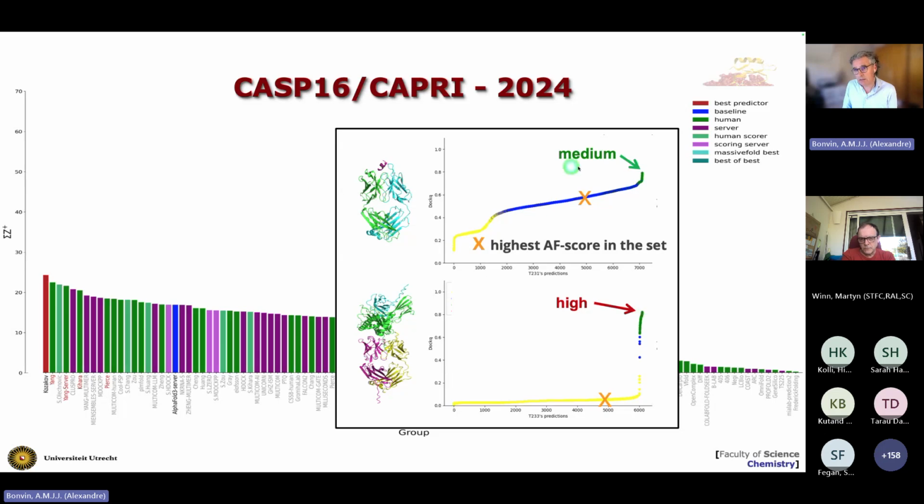For this one, they were also very good predictions, high quality, but the crosses are indicating which was the top ranking model. So in this case, it did select an acceptable quality model, so it's not so bad. And in this case, it generated a bad model, while there were high quality models in the set. Okay, so there is a scoring problem here.